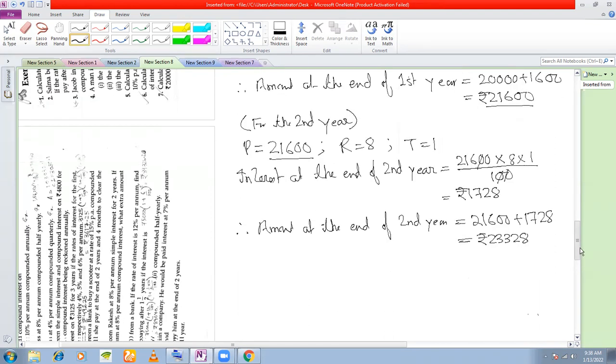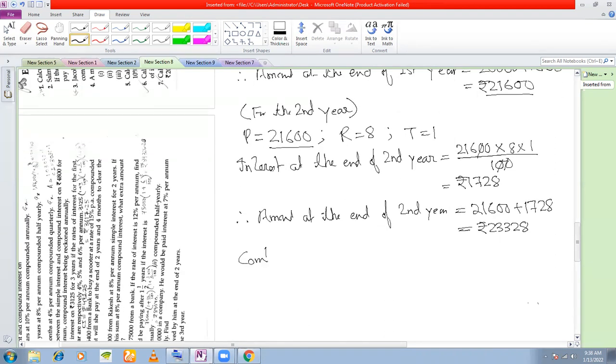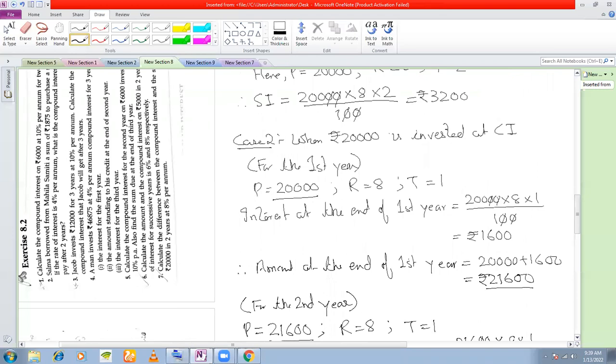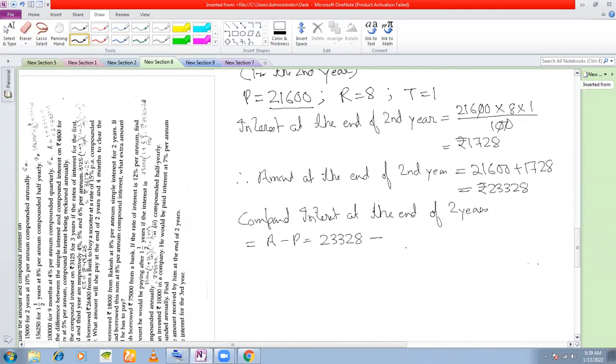Okay, this is the amount. So what should be the compound interest at the end of 2 years? Amount minus principal. The final amount is 23,328 and the initial principal was 20,000. So the total compound interest that you are getting is 3,328.